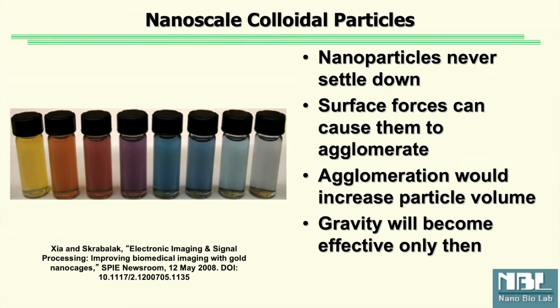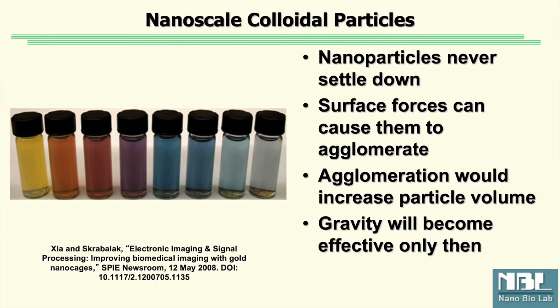Even blood settles down if we have blood in a vial. But if you make them too small, gravity doesn't have any effect. So only surface forces are there, which are more overwhelming, unless they make the particles agglomerate together, because if they agglomerate, the particle will become larger in size and hence gravity will start acting. Gravity will kick in.